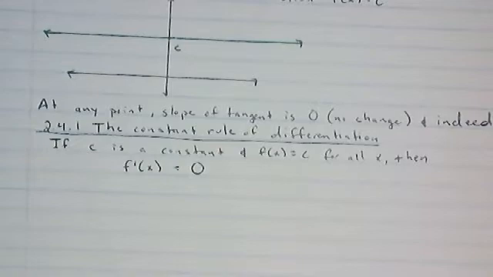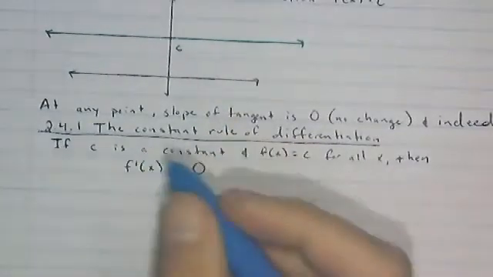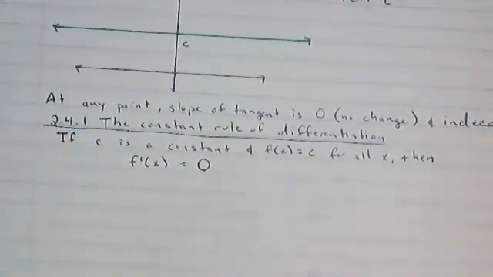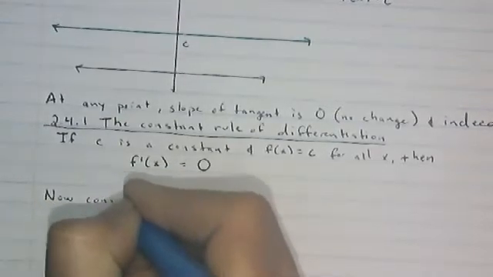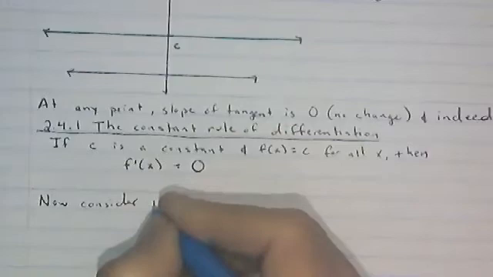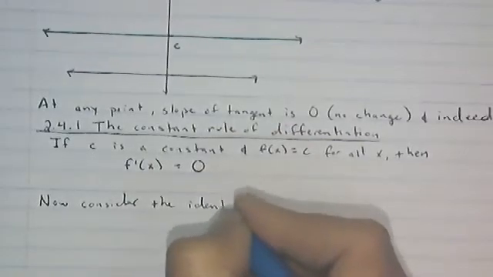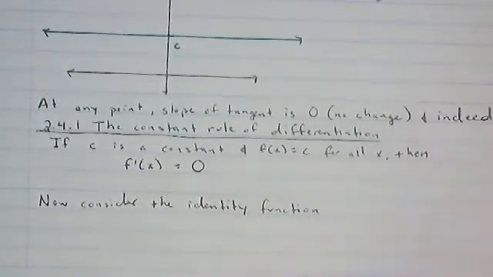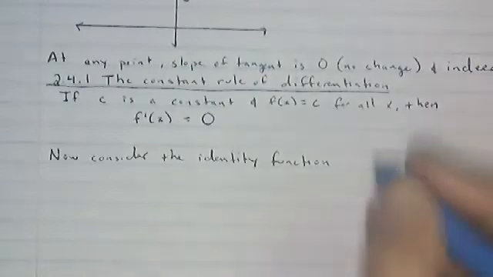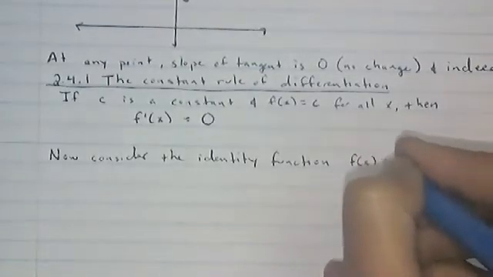Pretty okay with that? Be on board with that? Okay. Because now we're going to look at the identity, which is a similar kind of argument. And again, we could formally show this with the definition of the derivative, but I think that's a little overkill. We'll just use our brains and our eyeballs. But now consider the identity function, f of x equals x.